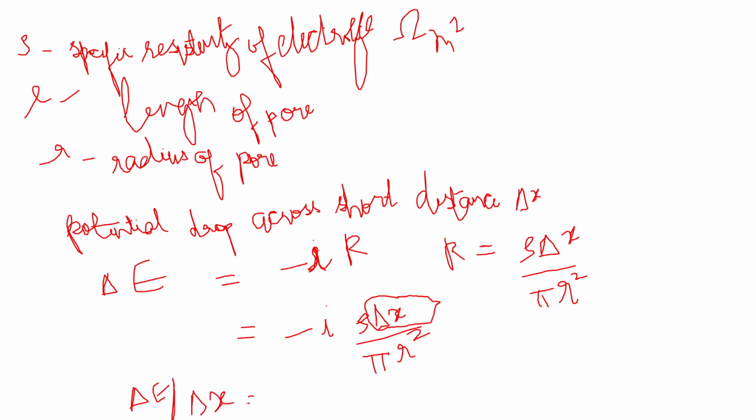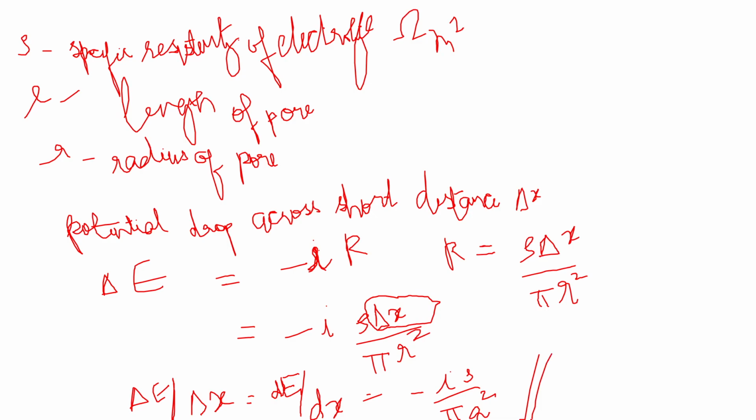So this is nothing but it is same as dE by dx, right? Which will be nothing but minus I rho by pi r square, right? You have an equation like this.